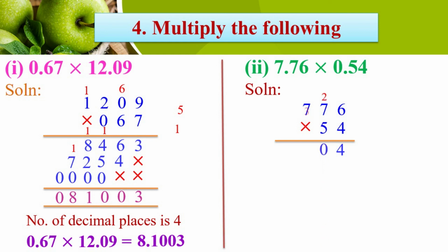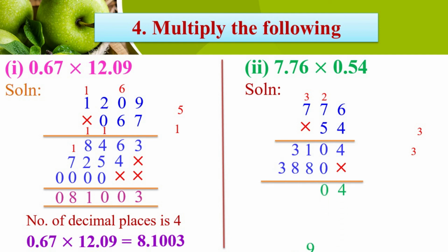Remaining 2. 7 fours are 28 plus 2, 30. Remaining 3. 7 fours are 28 plus 3, 31. Then take the 5 table. 5 sixes are 30. 0, remaining 3. 7 fives are 35 plus 3, 38. Remaining 3. 7 fives are 35 plus 3, 38.